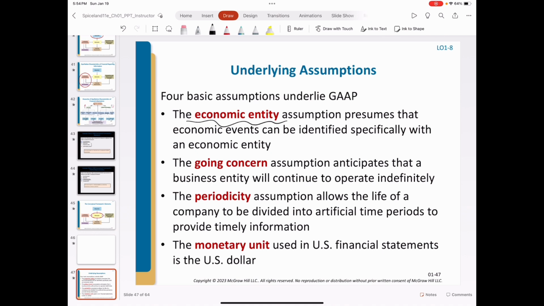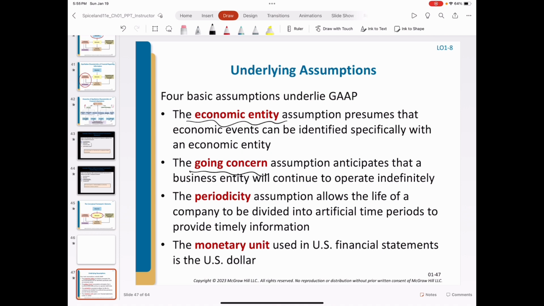If you buy a car for personal use, that transaction is yours, not Alphabet's. If Alphabet buys a vehicle for the firm's operating purpose, this purchase is also separate from the owners. So that's the economic entity assumption. This defines the boundary of the business, and which transactions we should report on behalf of the business.